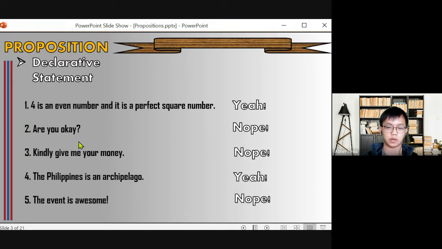Okay, so we have here number 2, 3, and 5 are not declarative statements, and then 1 and 4 are examples of declarative statements. If you observe, 1 and 4 are stating something, information, and this information could be factual or not factual. So that is for declarative statement.